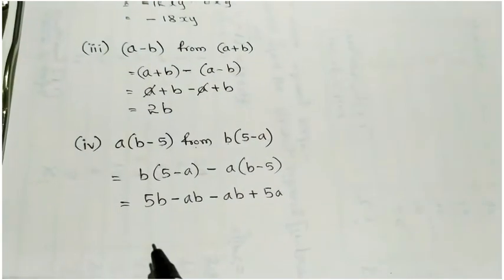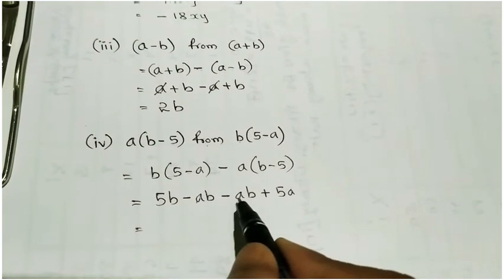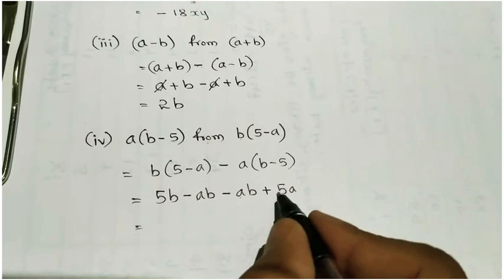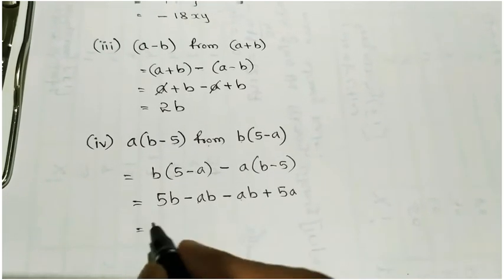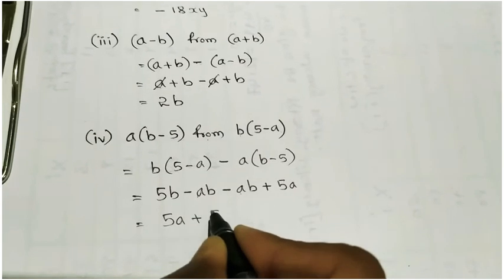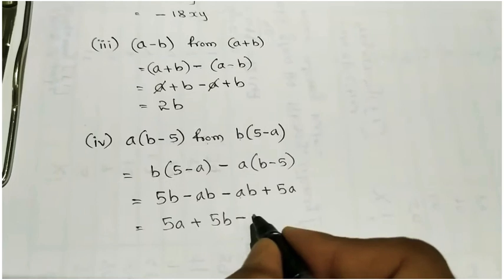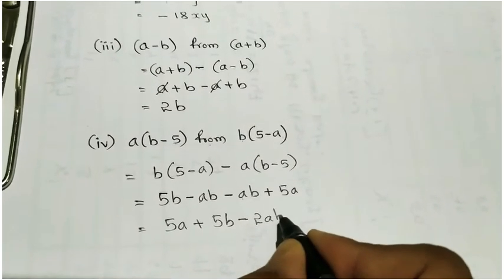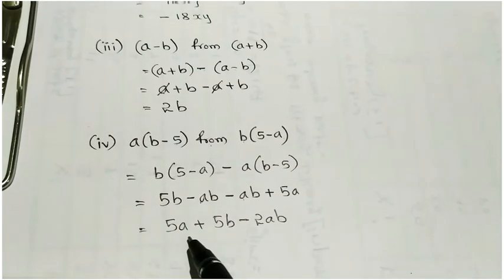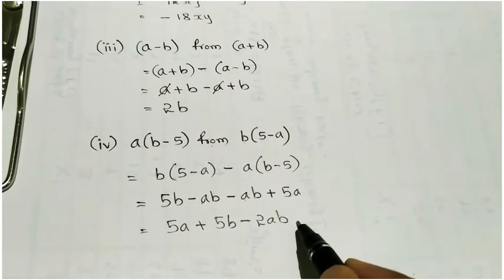Now like terms, which are those? Minus ab, minus ab. Here plus 5a, 5b also plus. So directly I will write 5a plus 5b minus ab minus ab, it will be minus 2ab. Our final answer will be 5a plus 5b minus 2ab.